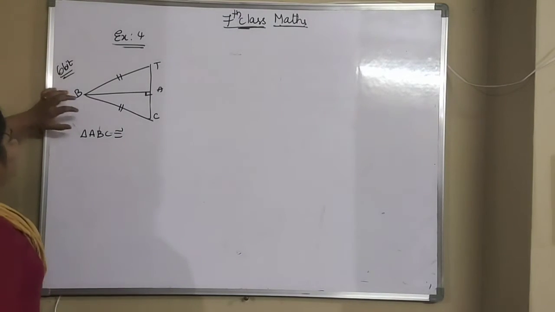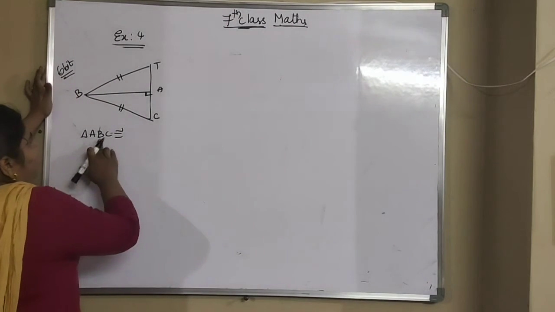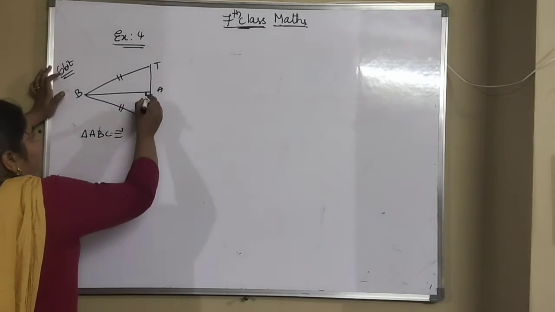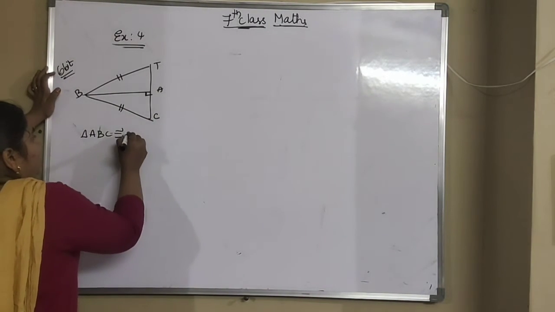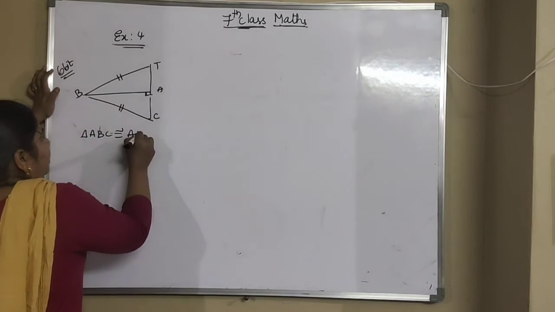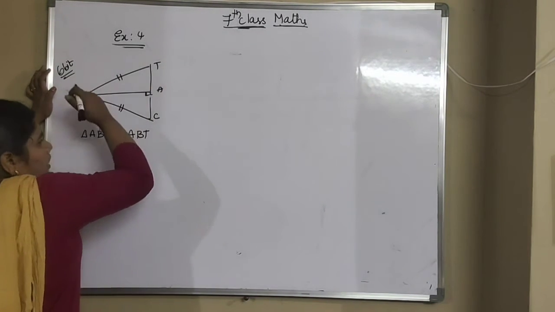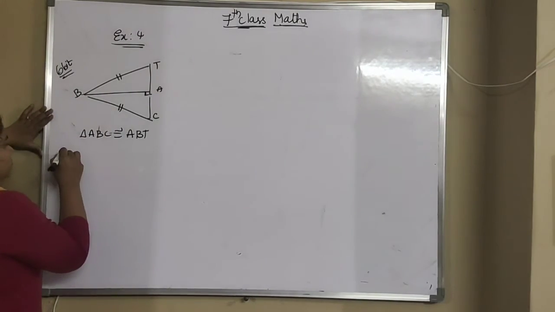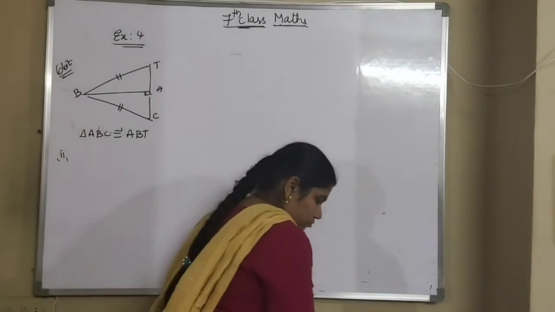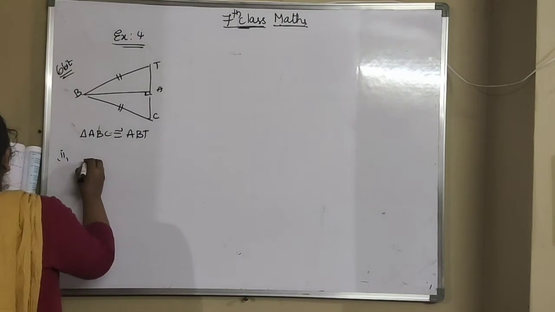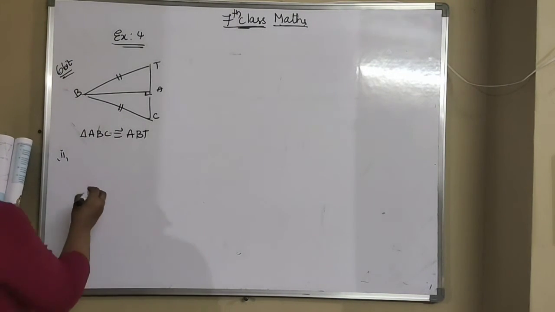From ABC, we can write ABT. So this triangle is congruent to this triangle. So next one. Second one you try as homework.